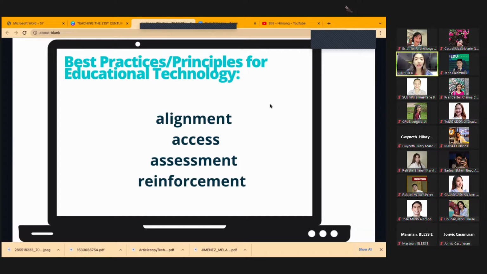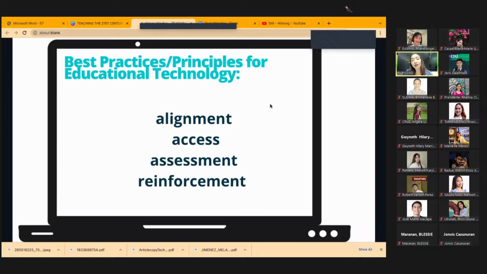There are 4 principles that I'd like to see in that lesson plan, and of course, it should follow these 4 basic best principles for educational technology.